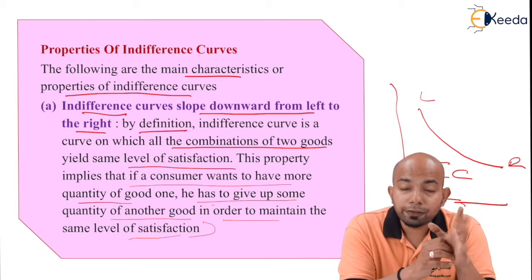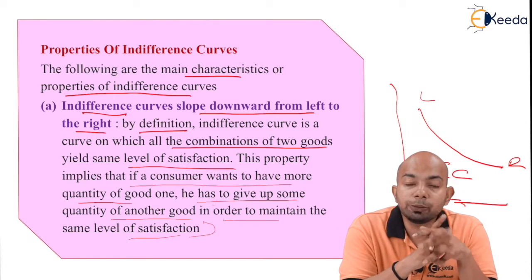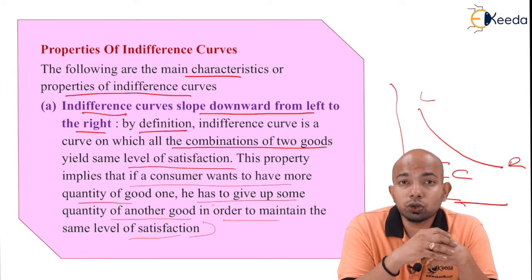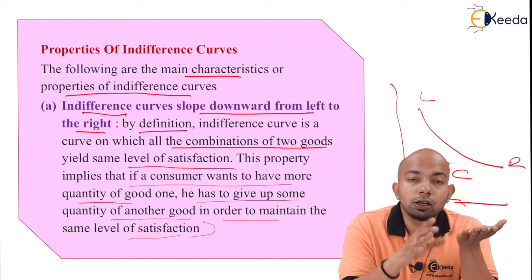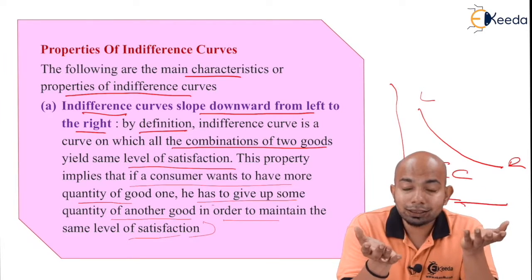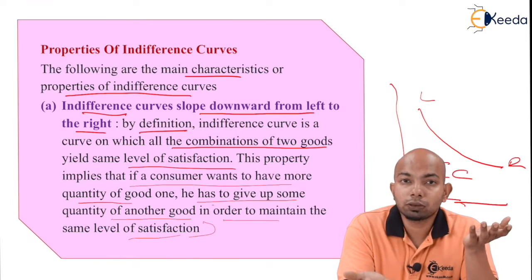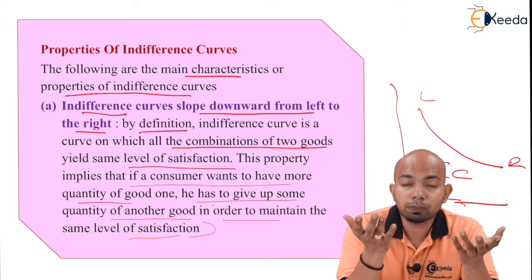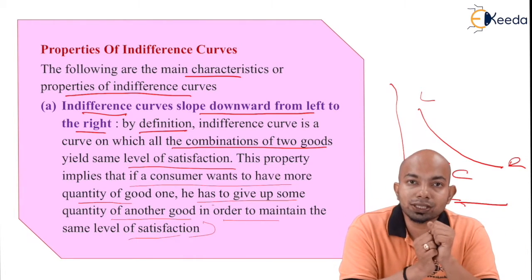If you want to set up equilibrium in terms of total utility, when dealing with combinations of goods, you have to give up something to gain something else. If you want product A, then you have to give up something of product B. If you want more of product B, then you have to give up product A. This is how the equilibrium has to be set here.